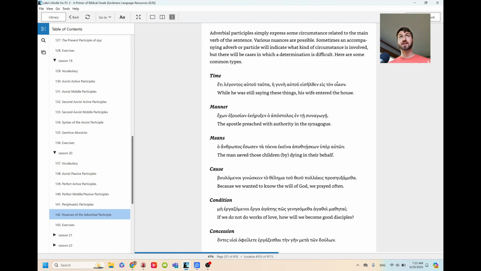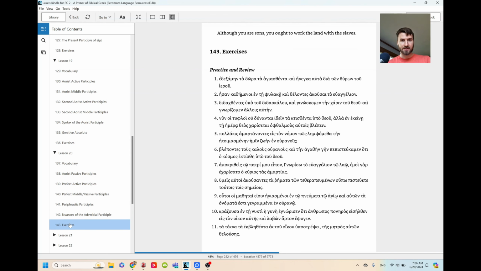And then secondarily think about why is the author using this participle? And then you can say he's using the participle to communicate time, manner, means, cause, condition, or concession. It's not as if it's a special feature of the participle itself, but these are uses that an author can do with a participle. Okay, and then that brings us to the end of this chapter.